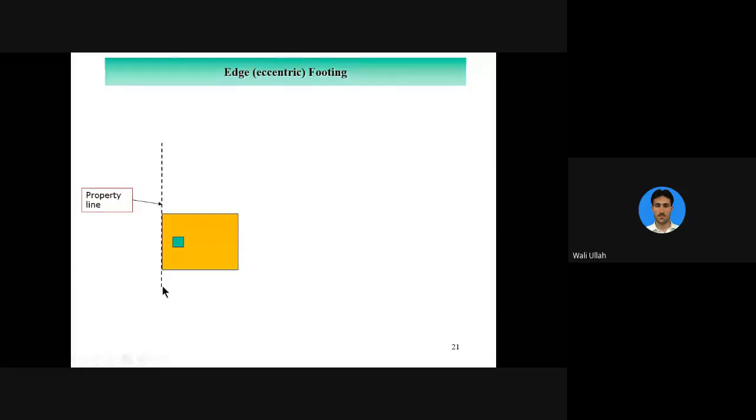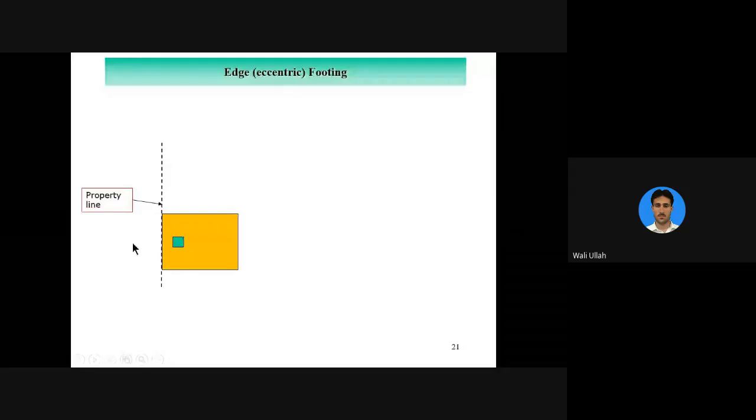This is the top view. You cannot extend the foundation into another property. You have to limit your foundation up to this.